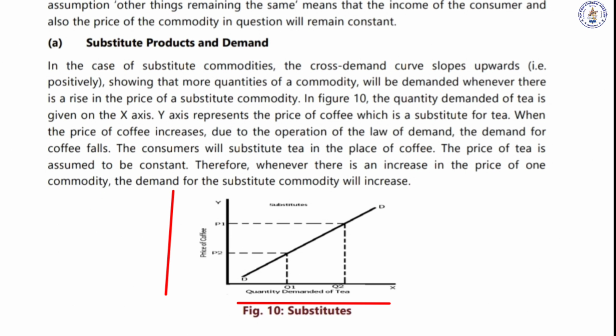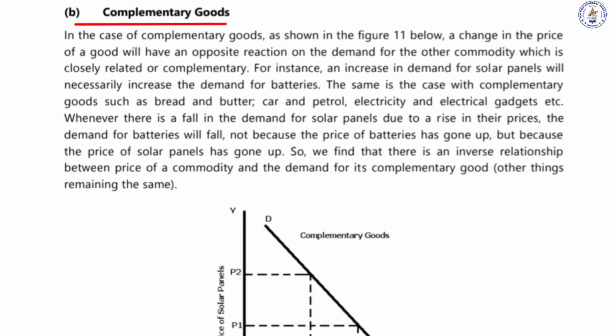I hope you would have understood by the diagram now. Due to the operation of the law of demand, the demand decreases when the price increases. When the coffee powder price increases, the demand for coffee powder decreases. Instead, it increases the demand for the substitute product. So the curve slopes upward. Next, we move on to complementary goods.